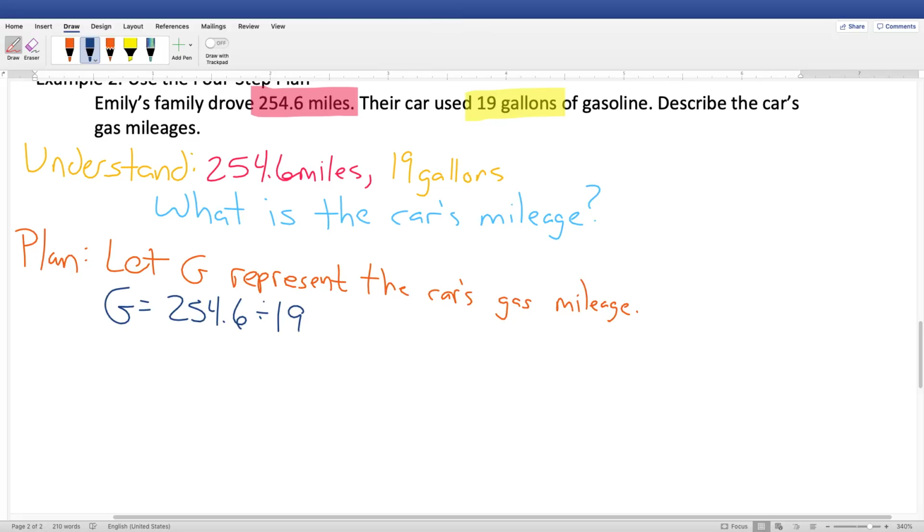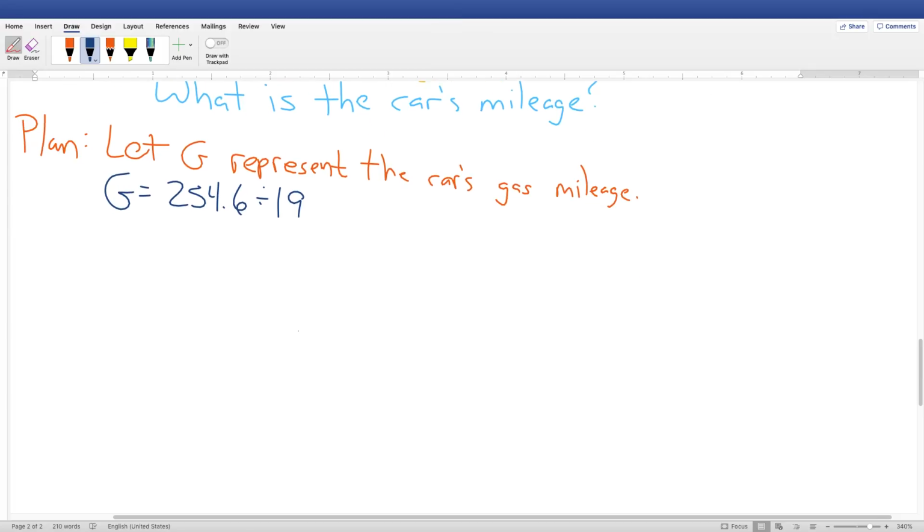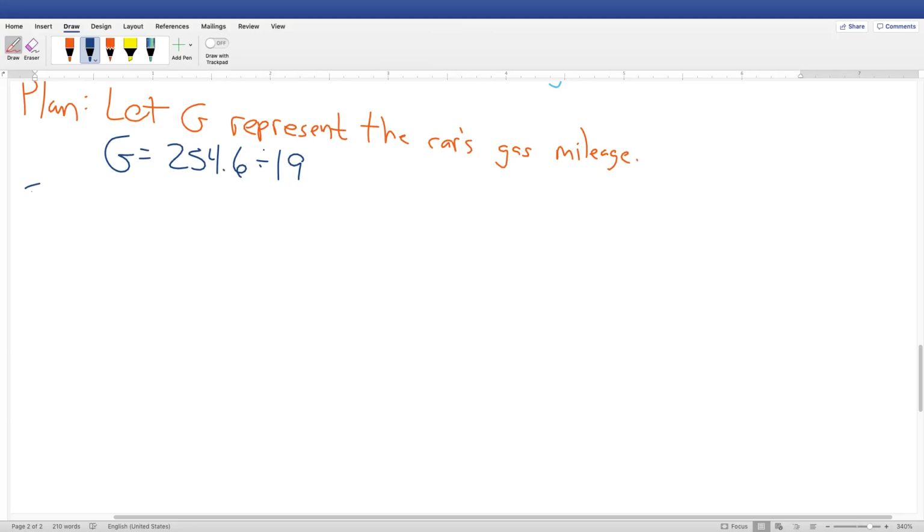What do we do now? Now we're going to solve. After we get our equation, we are ready to solve. So step 3, we solve. You type into your calculator 254.6 divided by 19 and we get G is equal to 13.4.